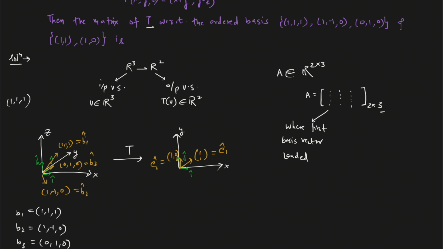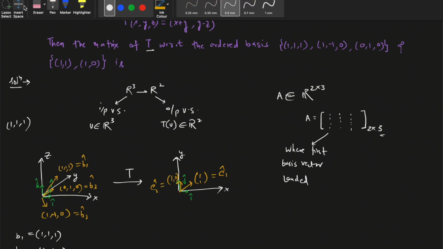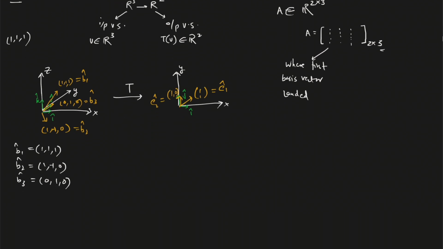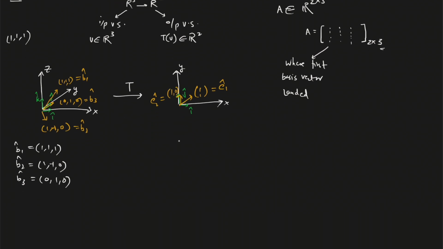I am adding this hat just to distinguish that these are not normal vectors, but basis vectors. So the basis vectors for the output vector space, that is R2, are E1 hat, which is 1 comma 1, and E2 hat, which is 1 comma 0.